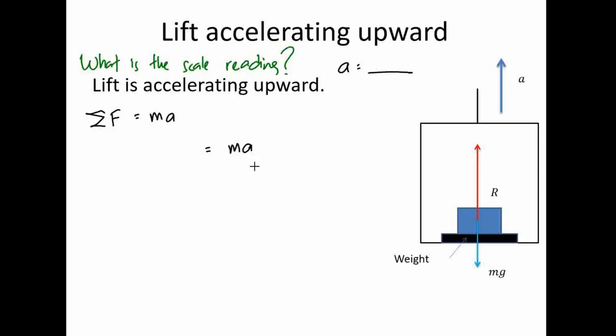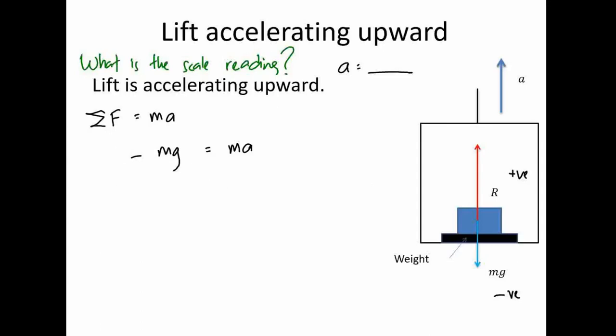And now since the motion is upward, the same direction as R, we consider R as positive and our weight as negative. So we can simply write it as F minus mg.